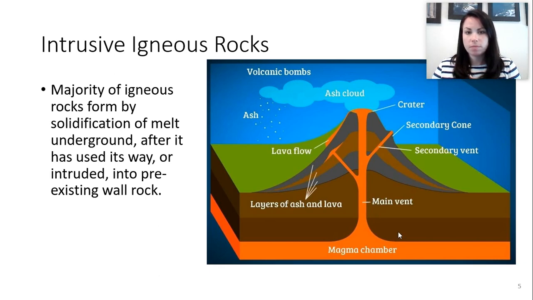So in this diagram here, we can see that magma is flowing up from the asthenosphere and then creates this main vent. And as it continues to go up through the volcano, we get these secondary vents and secondary cones, where you might have some of these other little offshoots from the main vent. And as this cools and solidifies, this is where we would see those intrusive igneous rocks.